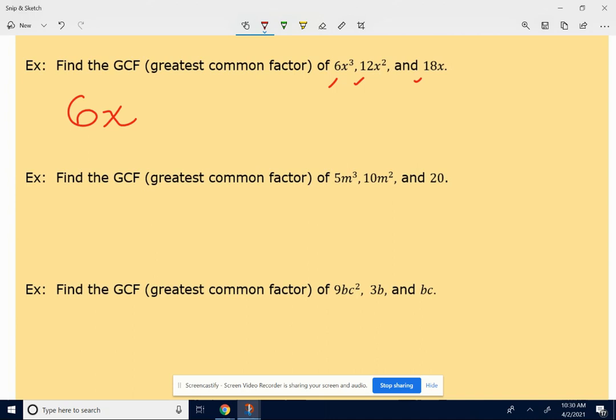Another quick example. Find the greatest common factor of 5m to the third, 10m to the second, and 20. First, just focus on your numbers, the 5 and the 10 and the 20. The largest number that will divide evenly into 5 and 10 and 20 has to be 5.